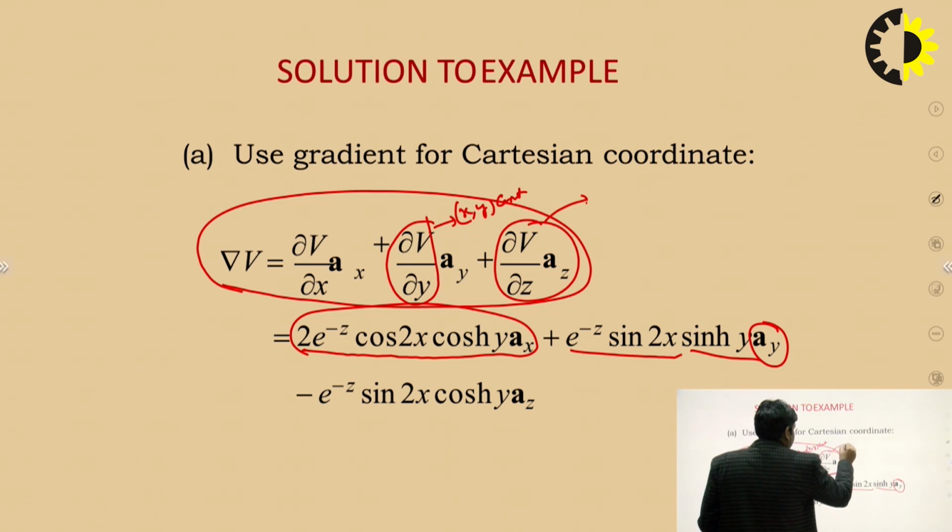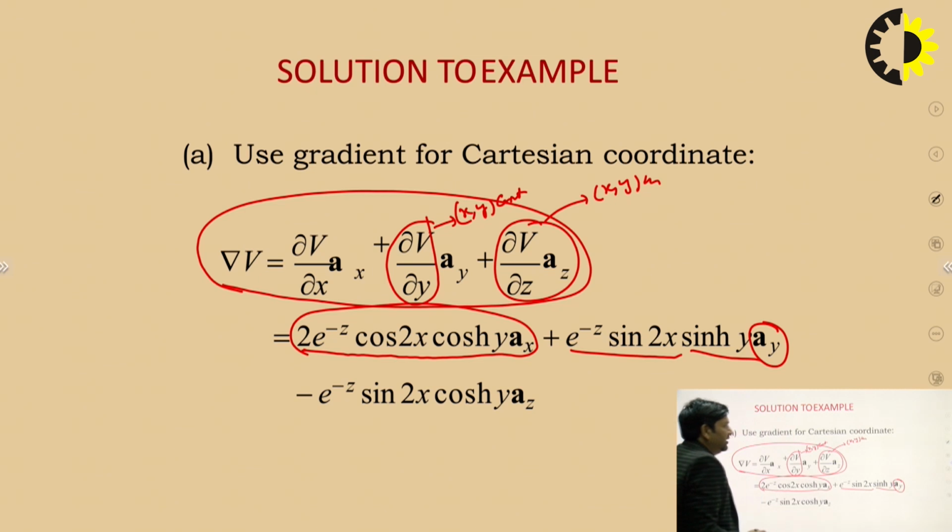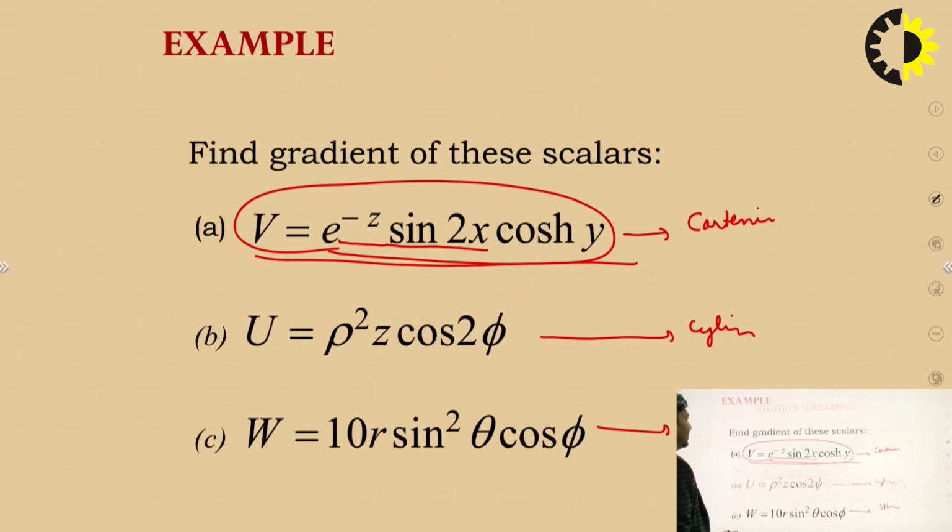Plus the third term is del v over del z az. In this case x and y are constant, and we partially differentiate the scalar field v with respect to z. The differentiation of e raised to power minus z is minus e raised to power minus z.